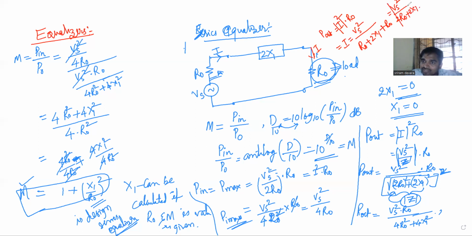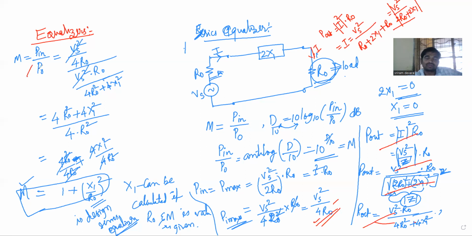The magnitude of this quantity we calculated here. So therefore, finally we got P out. We calculated P in, we calculated P out, and then substitution.